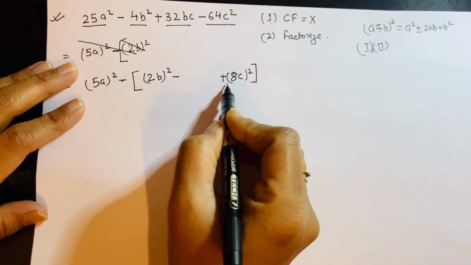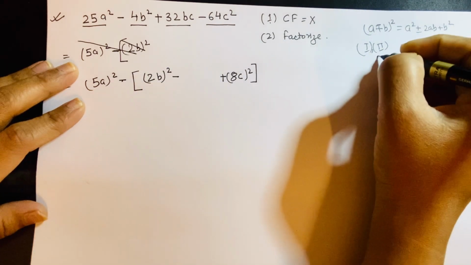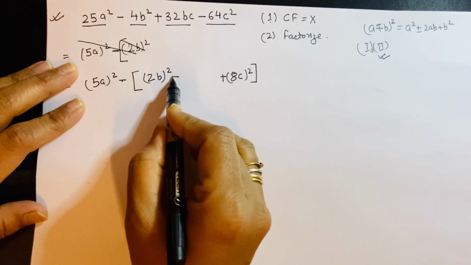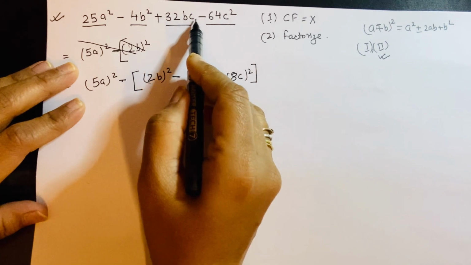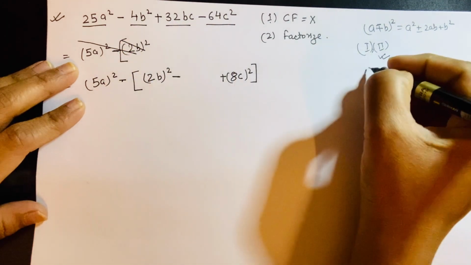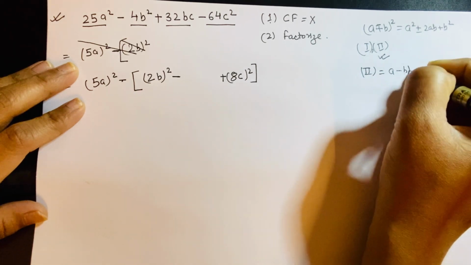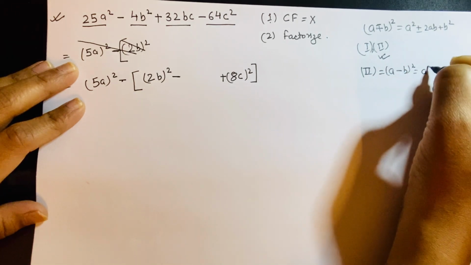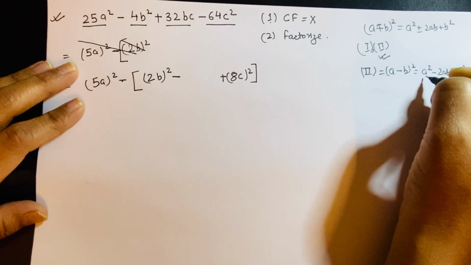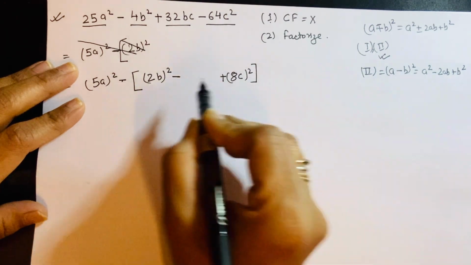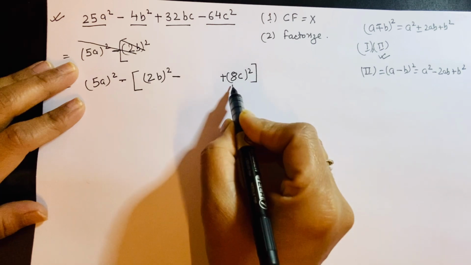Now we will work on the center part. Now we can very well see that here the identity number 2 is working because there is this minus in the center and in the center there is a factor of b and c. So what is identity number 2? That is a minus b whole square equal to a square minus 2ab plus b square. A square minus 2ab, that we will calculate here, and then b square.